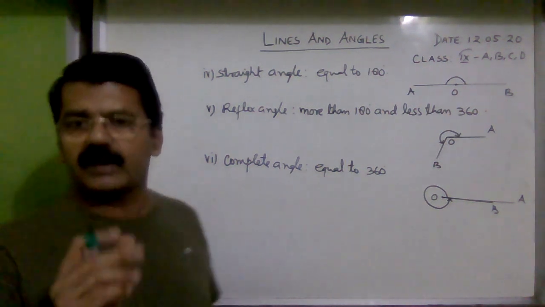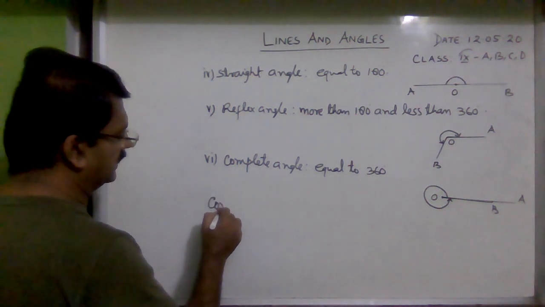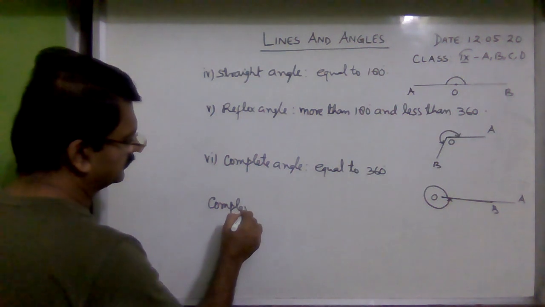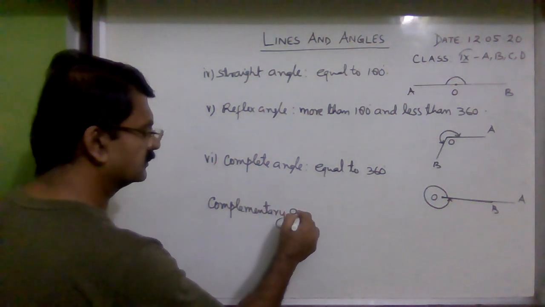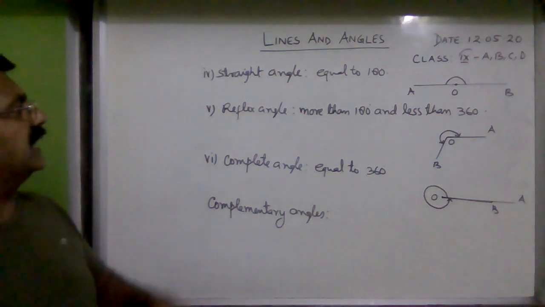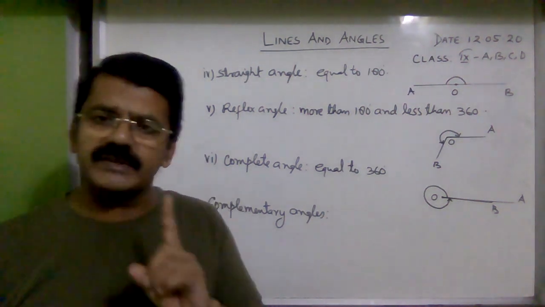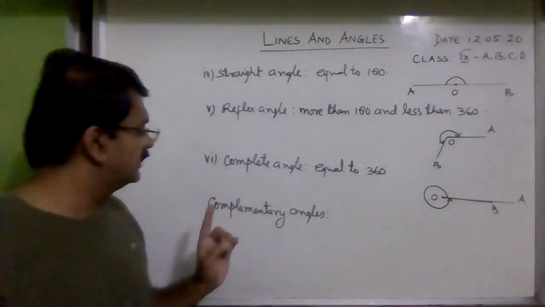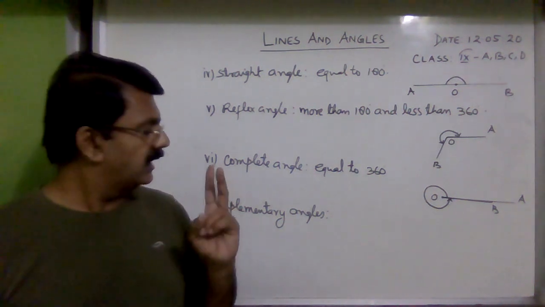Actually it is for a pair of angles, and it is called complementary angles. Now see, all these angles, acute, obtuse, right angle, they are the name of a single angle. But now this complementary angle is for a pair of angles.